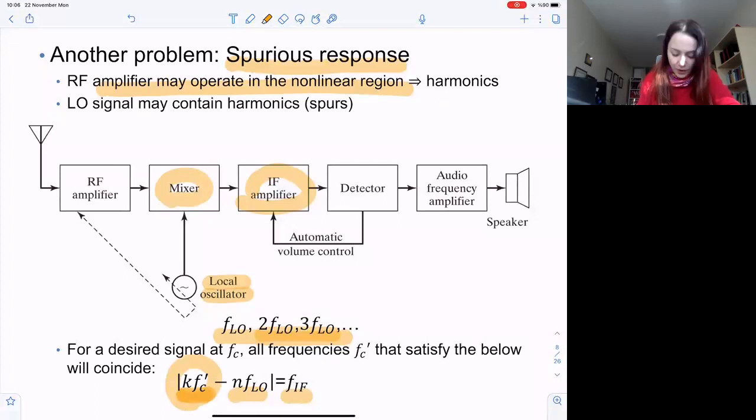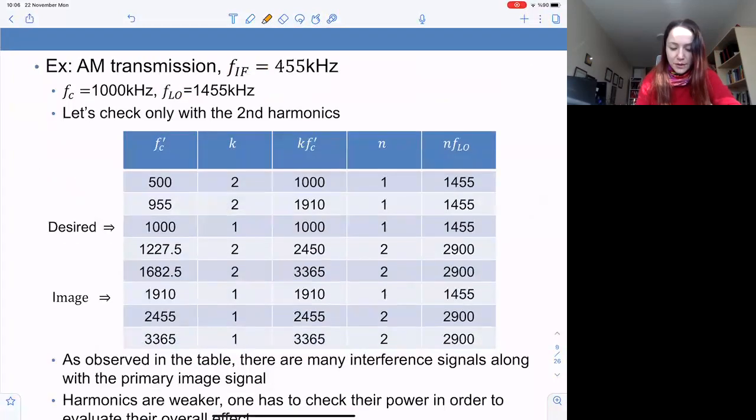Because when these frequencies are mixed with a multiple of our local oscillator frequency, they're going to result in FIF. And these are called spurs or spurious responses.